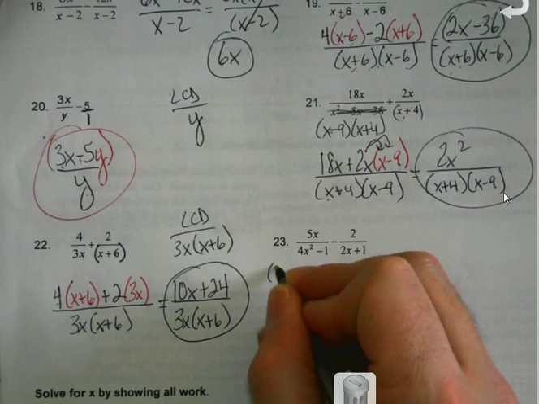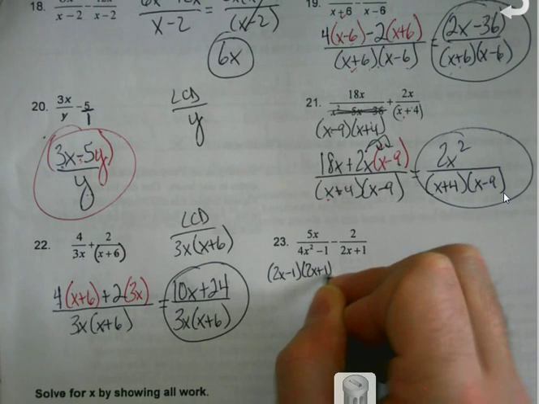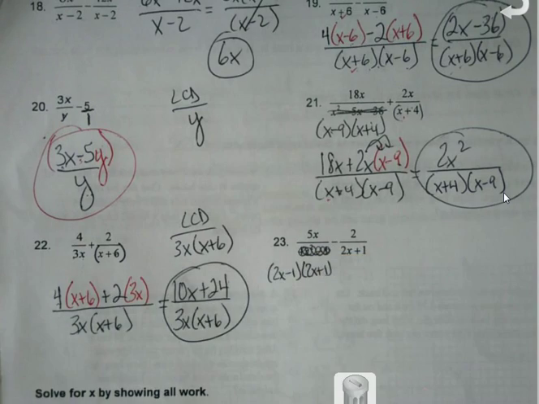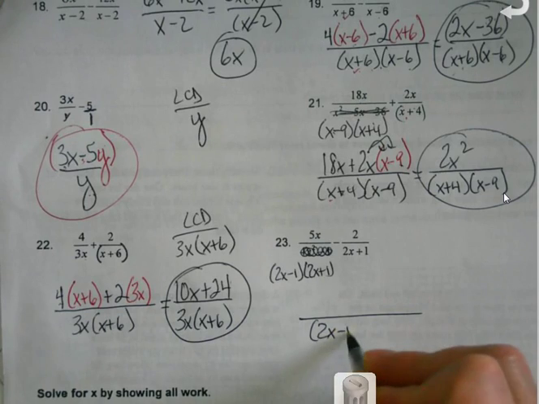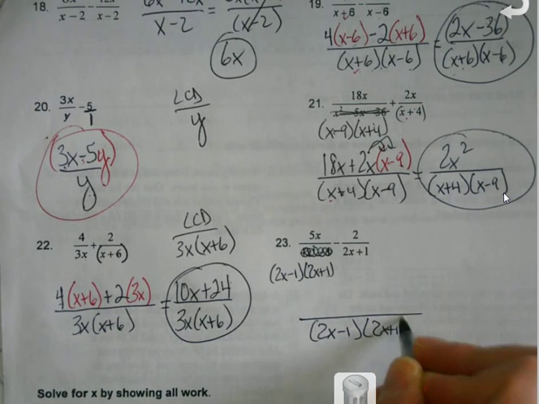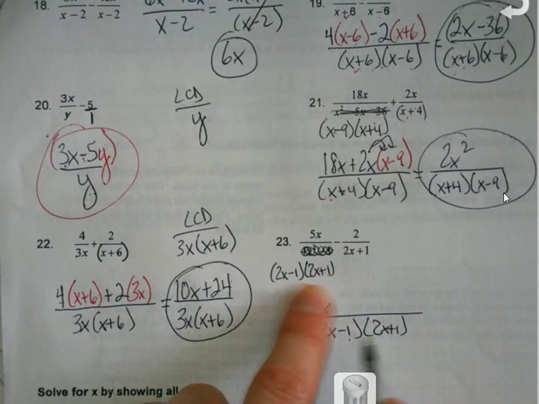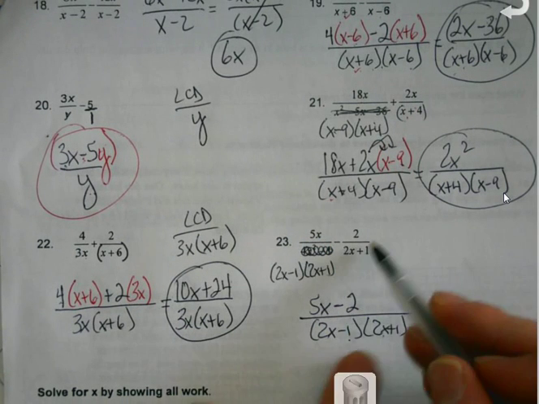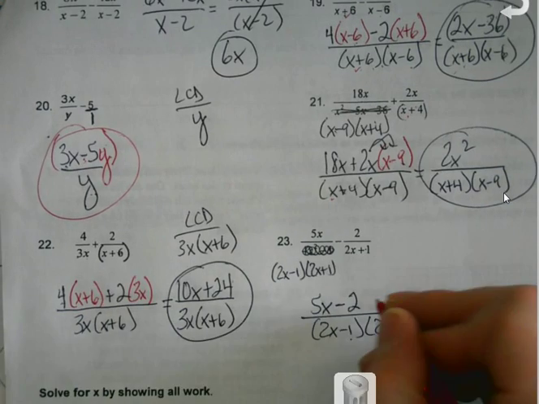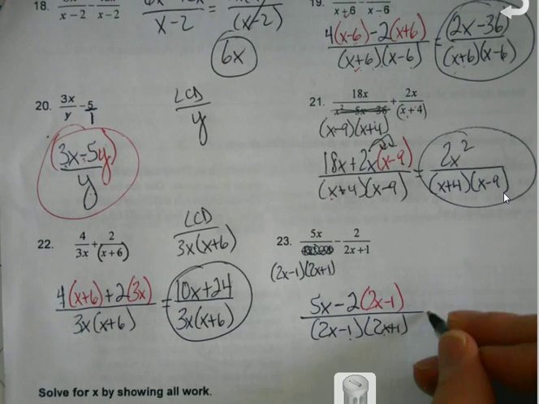It's all about the LCD. Factor any denominators we can. That is my LCD. I have everything I need for my first fraction. Second one, though, looks like I need the 2x minus 1. Watch your signs.